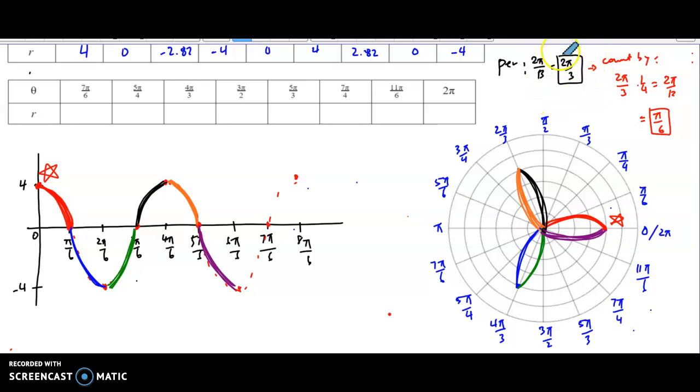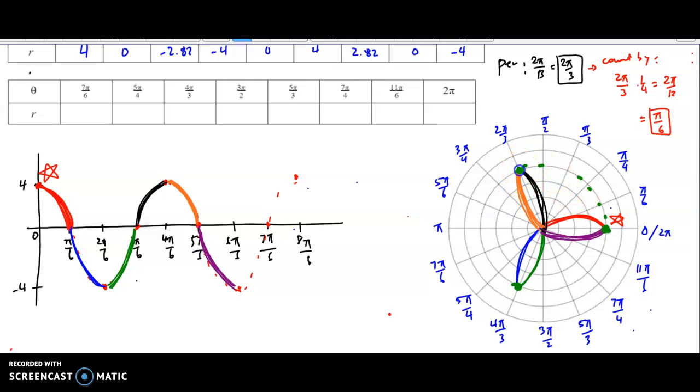Let me make this connection. Our period was 2 pi over 3, right? I'm going to focus in, I'll make this green, and this is where I want you to look also. I want you to look at these 3 points. The distance from here to here, that angle is 2 pi thirds.